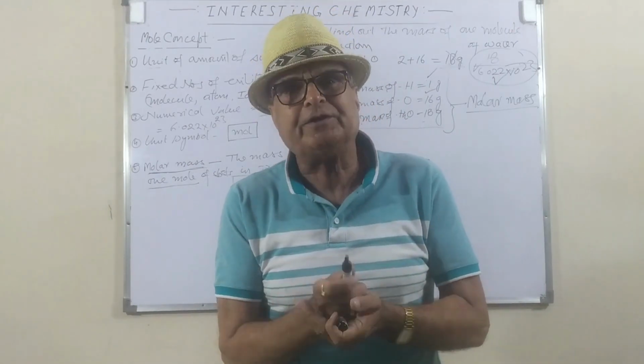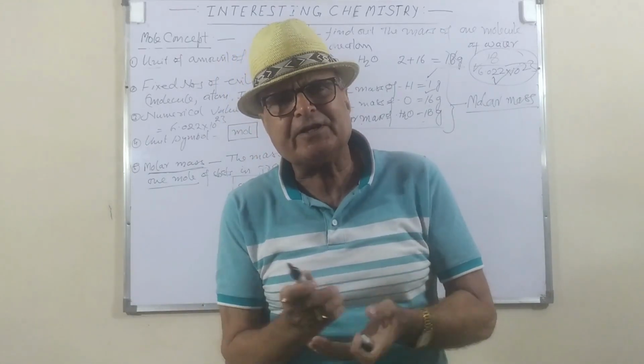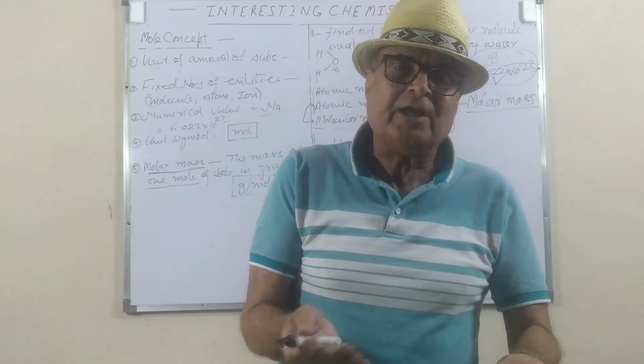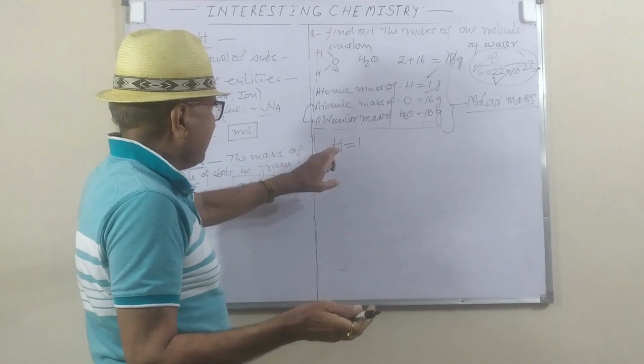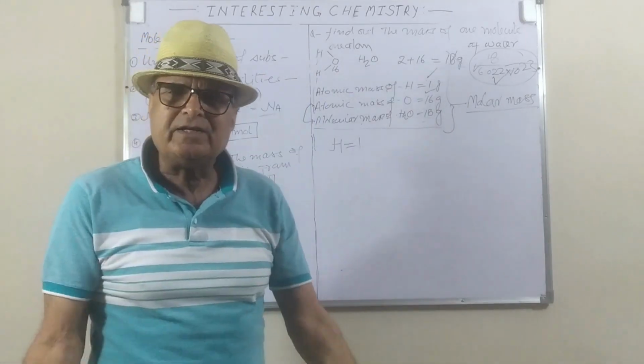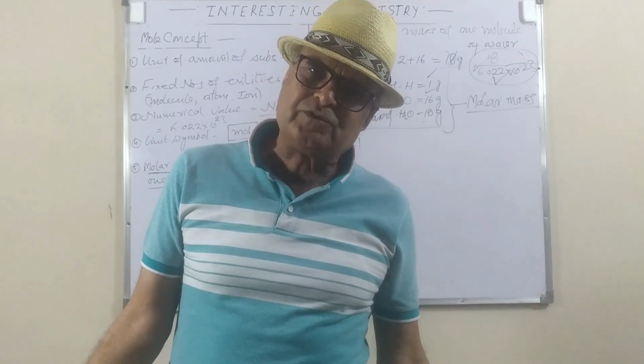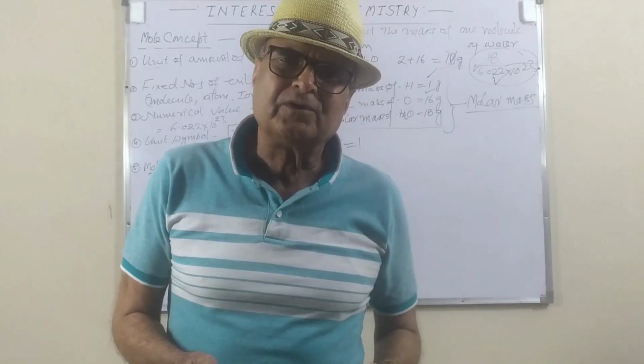Now it's my duty to make him understand. He's saying again that we have learned that H is equal to 1, so 1 is the atomic mass of hydrogen. How can I make him know?